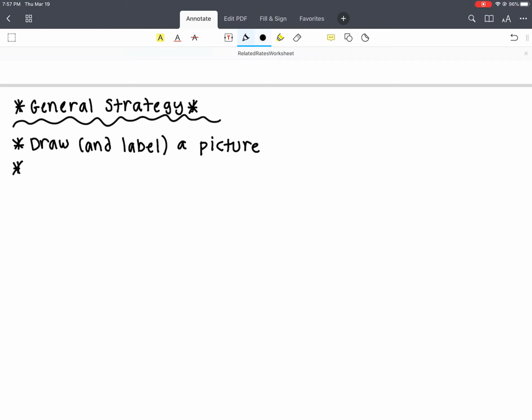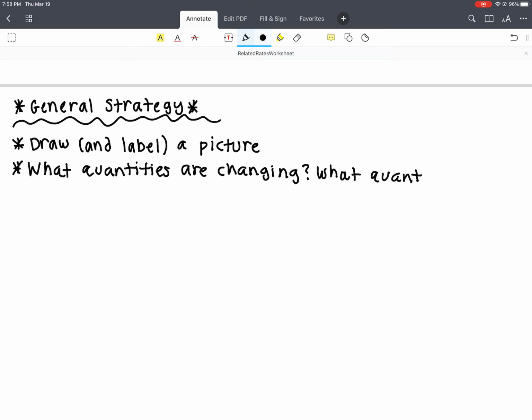Then we want to ask ourselves what quantities are changing and what quantities are constant. That'll come in handy when we start taking derivatives. Then we want to write an equation that relates the variables.